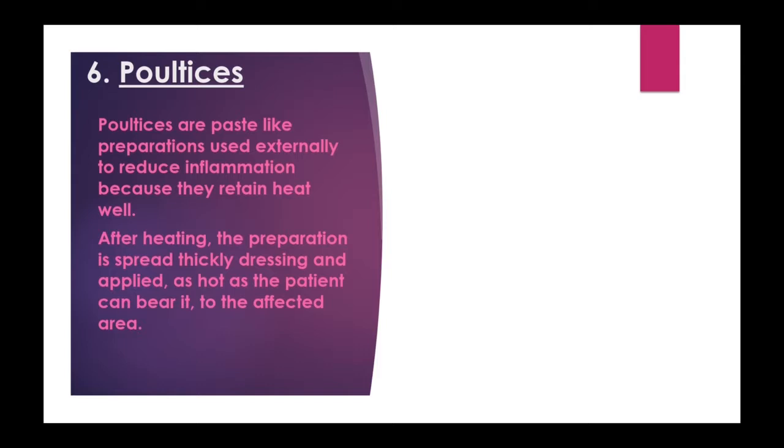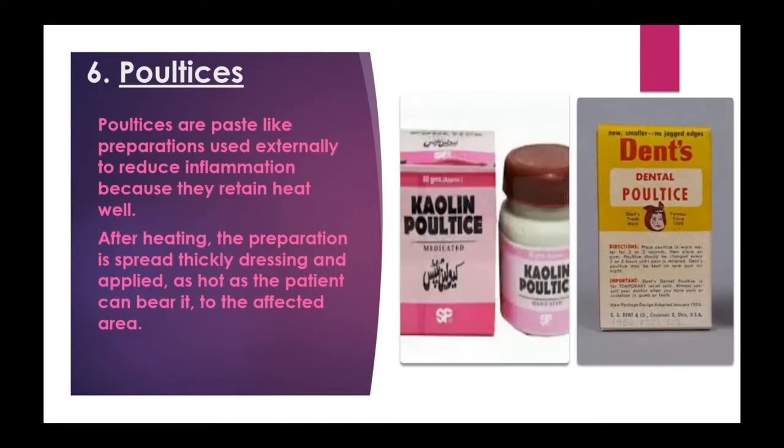It is a soft moist mass, often heated and medicated, that is spread on cloth and placed over the skin to treat an aching, inflamed or painful part of the body. Also, poultices are used in case of arthritis. These are two examples of poultices: Kaolin poultice and Dent's dental poultice.